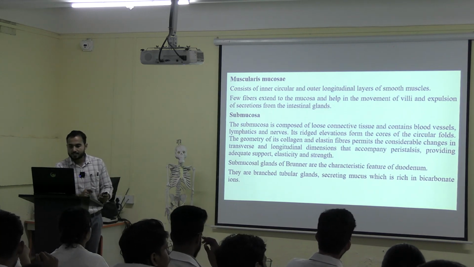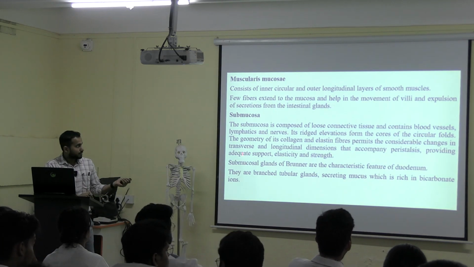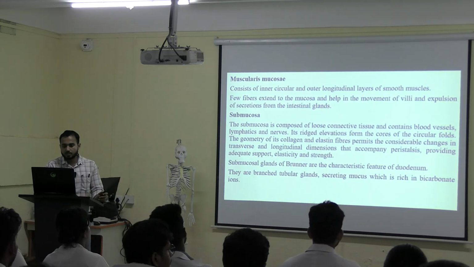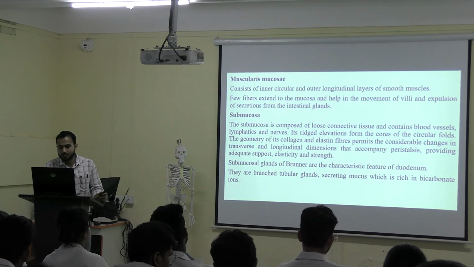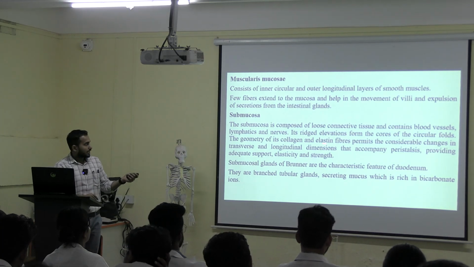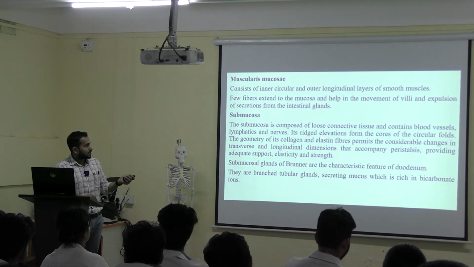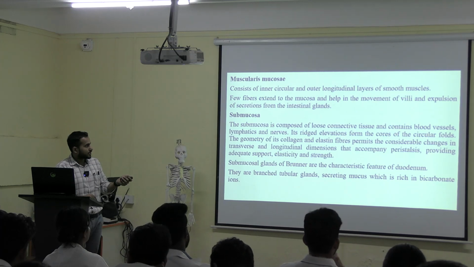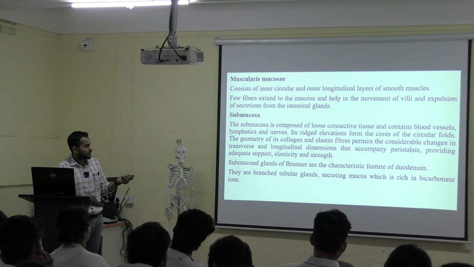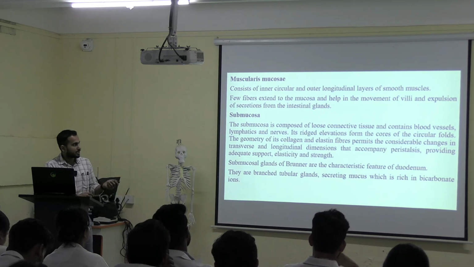Next, the submucosa is made up of loose connective tissue, where lymphatics, nerves and blood vessels are present. In the submucosa, the elevations from the coats of circular folds are present, that is collagen fibers and elastin fibers, in a considerable amount.